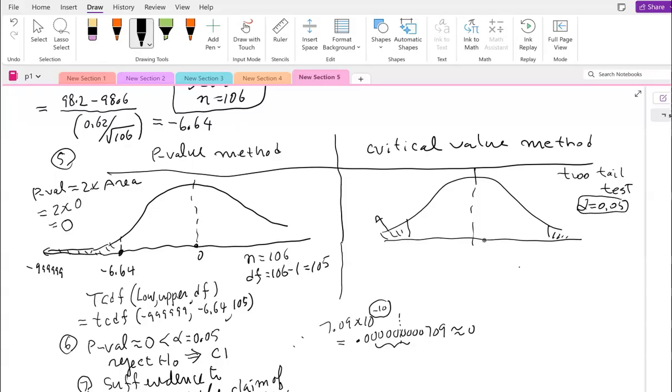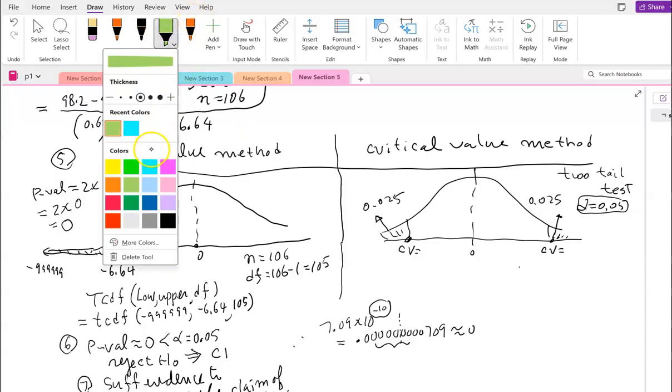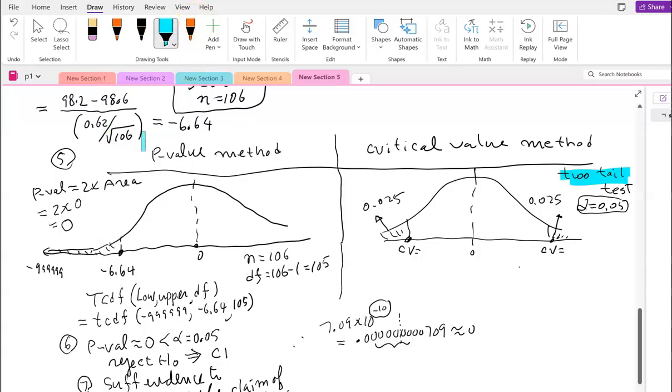So each area is 0.025. I know it's a little confusing, but that's the way it is. So you have 2 critical values, one positive and one negative, because it is a two-tail test. That's why you get 0.025 each.